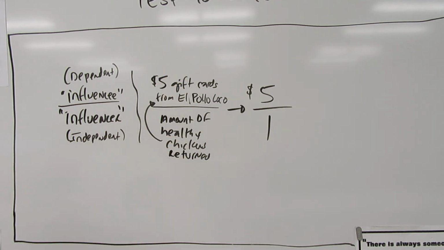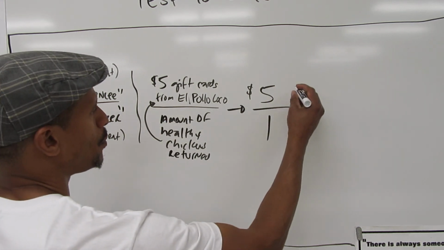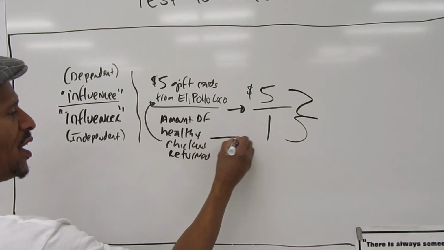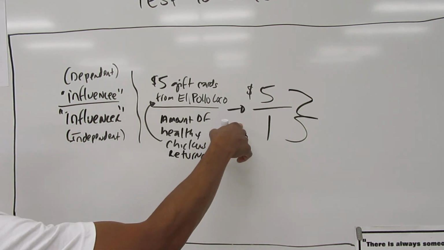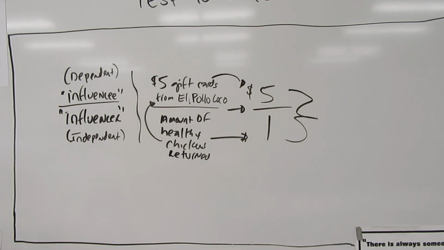And that's going to be an important thing. You will not be given the unit rate when you take the assessment. You'll be given another number. You'll have to figure out the unit rate and then tell me what the rate is and then tell me what this represents. Well, what does this unit rate represent? This unit rate represents that for every one healthy chicken that I can return back to them, they're going to give me one $5 gift card. And that's really it. Okay?